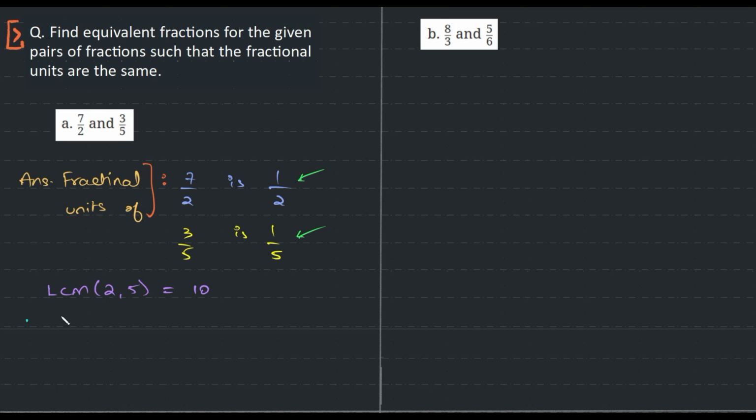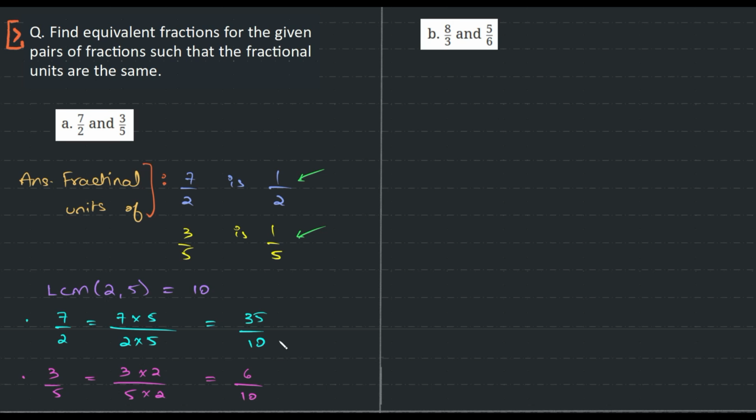So now what I will do is I will multiply 7 by 2 with 5, making this 35 by 10. And 3 by 5 with 2, making this 6 by 10.